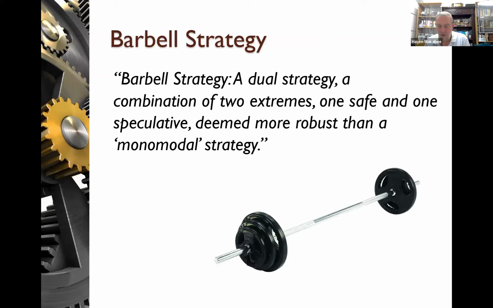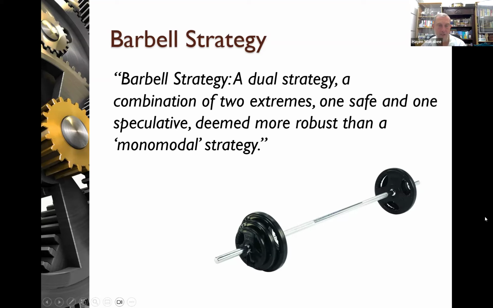Now, what strategies can we use to help our systems become more robust, more resilient, and even anti-fragile? So one strategy is called the Barbell Strategy, which is a word that I didn't know before I read the book, which is this object here.